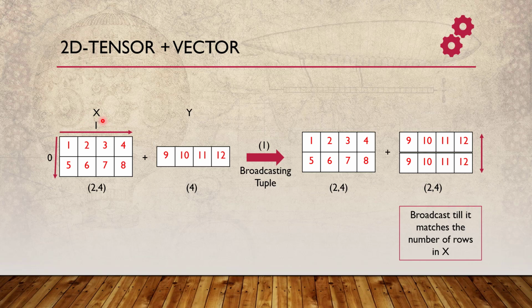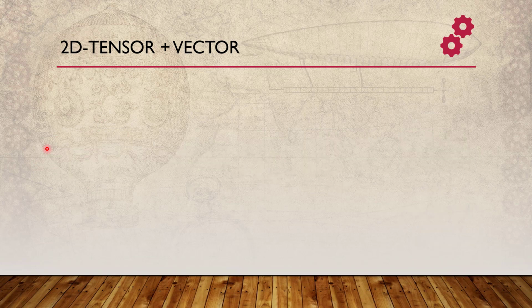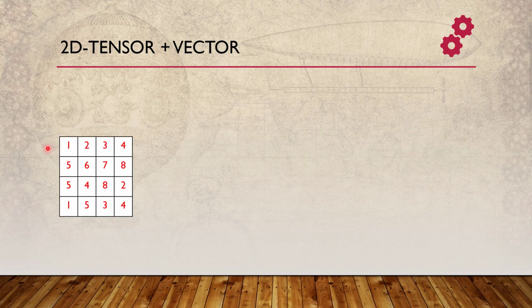Now let's see another example on a similar topic and see how broadcasting based on dimension 0 is also possible. We will start with another matrix, a 4 by 4 matrix now. This is my x and this is my y. My y is the same, and my x has now become a 4 by 4 matrix, another 2D tensor.